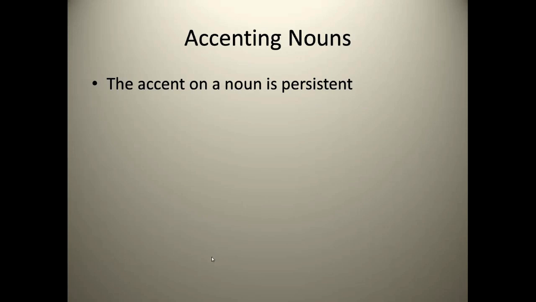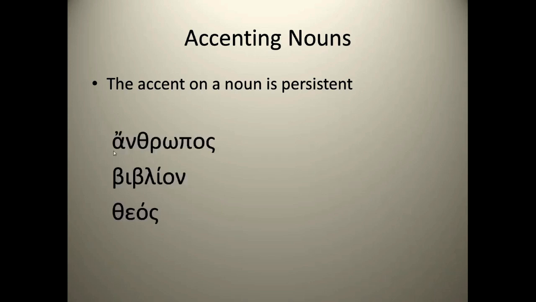The basic rule for nouns is that the accent on a noun is persistent. It's wherever it begins in a dictionary entry, that's where it wants to stay. That's what we mean by persistent. So when you look a word up in the dictionary, wherever that accent is, that's where it wants to be. It's got a natural position for its accentuation.